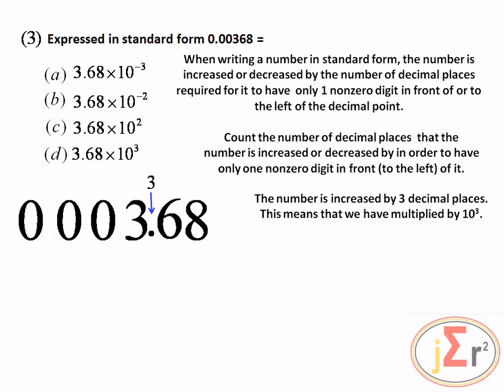And because it is smaller, it means that we have increased the original number by 3 decimal places, or by 10 to the power of 3. So we have multiplied that number by 10 to the power of 3 in order that we might have this appearance.